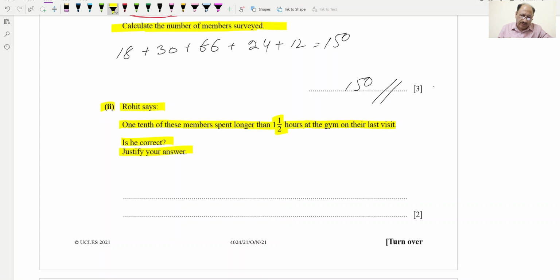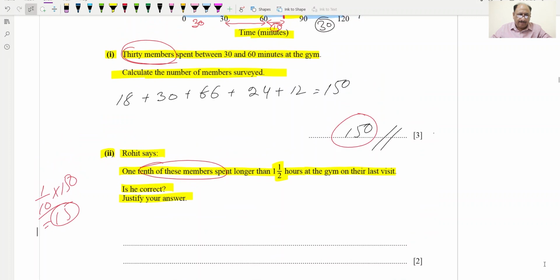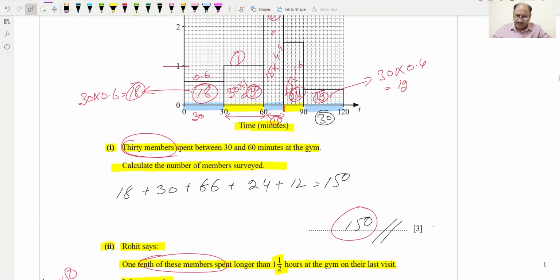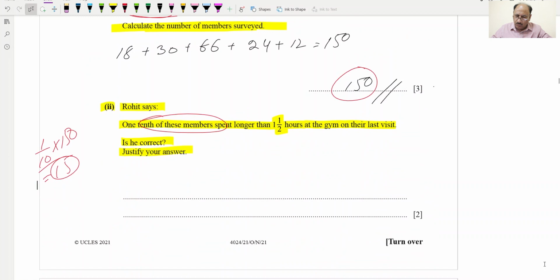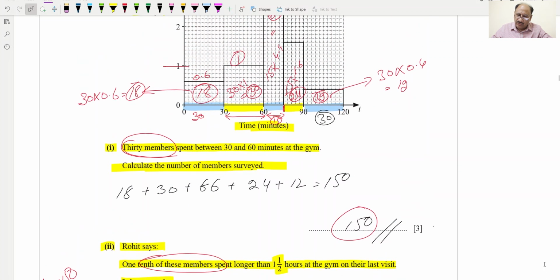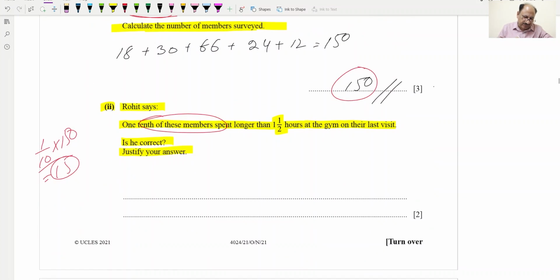So 1/10 of these members. These members mean 150. So 1/10 of 150 will be equal to 15. But if we check longer than half hour, which is this section, which is 12, we can see that it is not 15, it is 12.